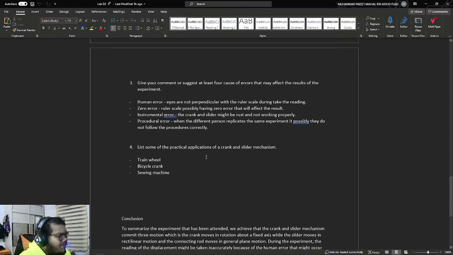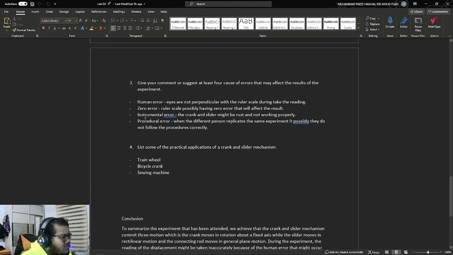Question number 3. Give a comment or suggest at least 4 causes of error that may affect the result of the experiment. First error, human error. I am not perpendicular with the ruler scale when taking the reading. Second error, zero error. The ruler scale possibly has zero error that will affect the result.